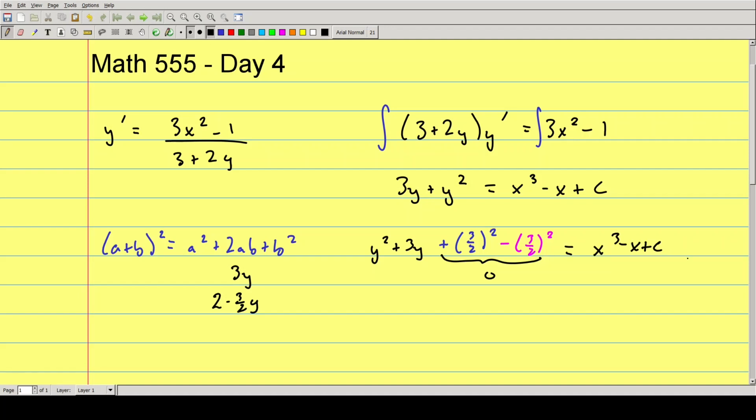And then what we can do is combine this part into a square. So this becomes y plus 3/2 quantity squared. And then this, because it's just a constant, I can put it over with the constant of integration. Some fixed but arbitrary number plus 9/4 is still some fixed but arbitrary number.